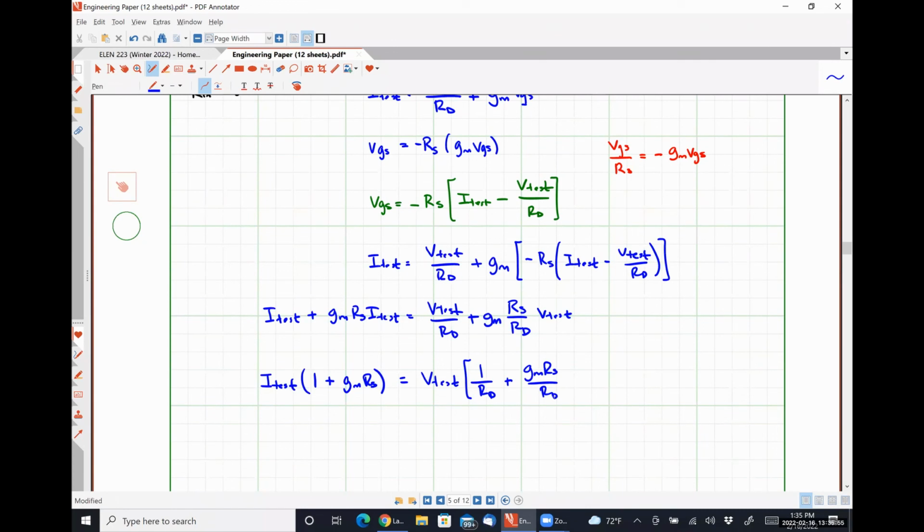And I am going to lump those two things together to make this a little easier on myself. So let's call that 1 plus GM RS divided by RD. Which makes it seem like the result is just going to be RD, huh?